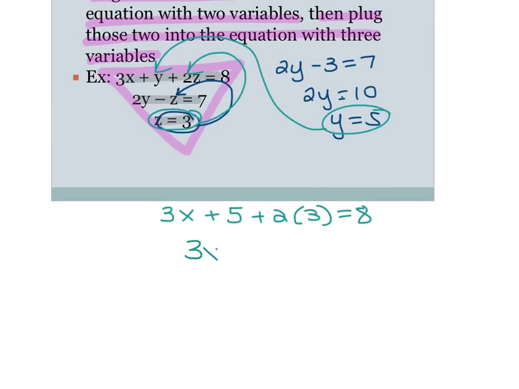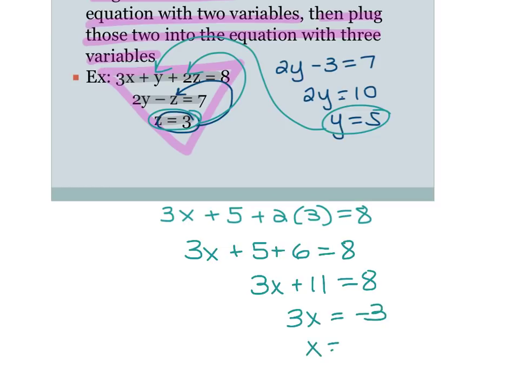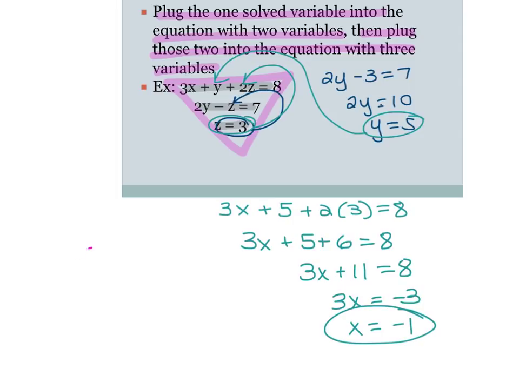And I get 3x plus 5 plus 6 equals 8. 3x plus 11 equals 8. 3x would equal negative 3, and x would equal negative 1. So then the solution set here is x, which is negative 1, y, which is 5, and z, which is 3.